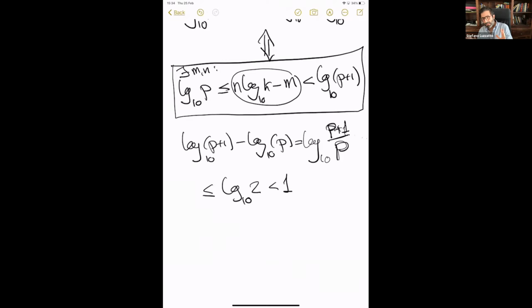So this means that for any p, the gap between log base 10 of p and log base 10 of p plus 1 is less than 1.